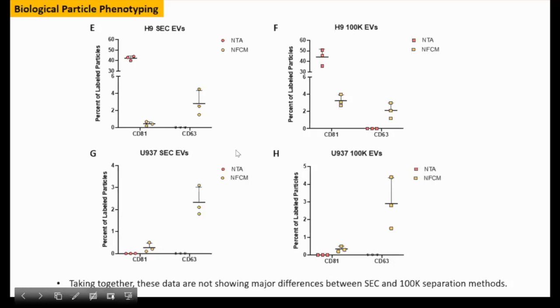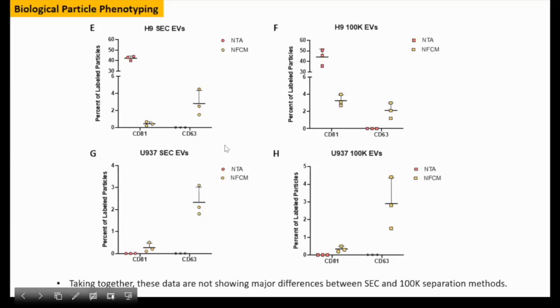In contrast, nano-FCM, which are the yellow round-shaped colors, detected either CD81 or CD63 in a small percentage of particles for H9-derived particles, which is again the upper panel, within the same methods.